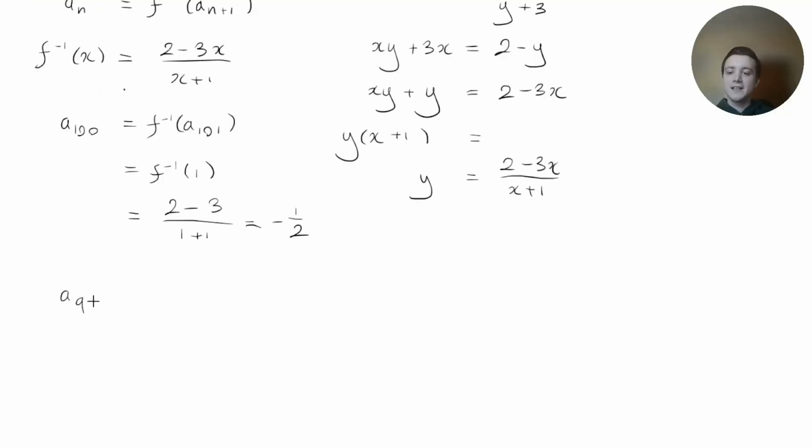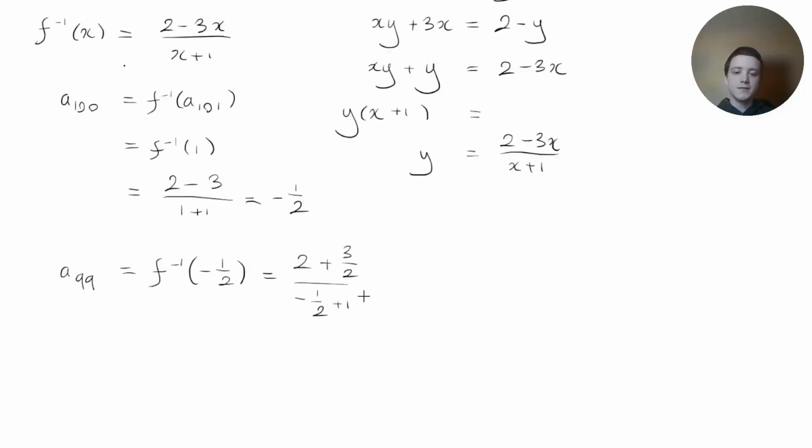Finally, to get to the 99th term, we can apply the inverse again. So f inverse of negative a half. And that is going to be (2 minus 3 times minus a half), so 2 plus 3 over 2, divided by minus a half plus 1.